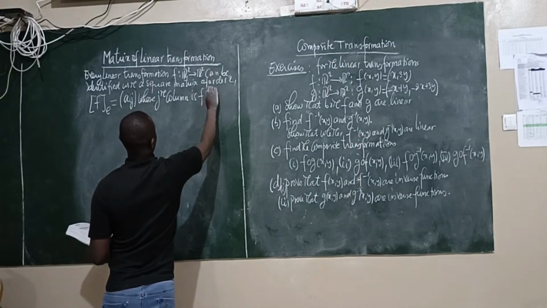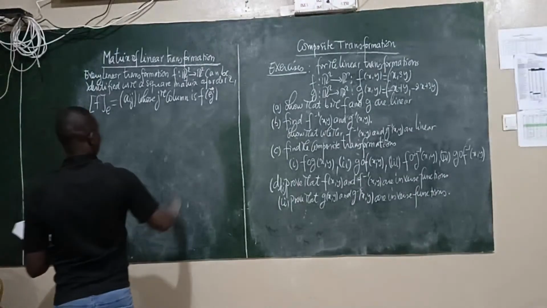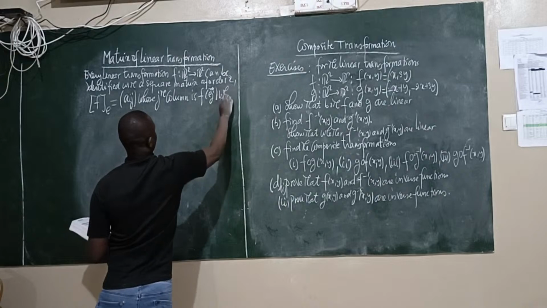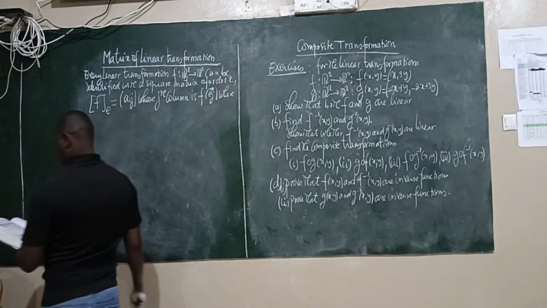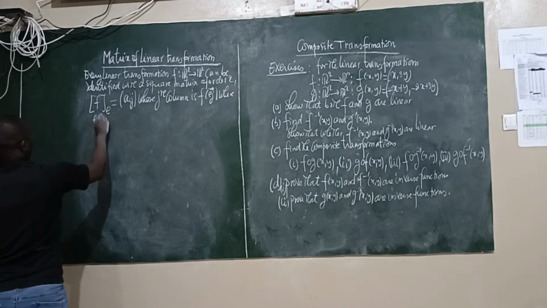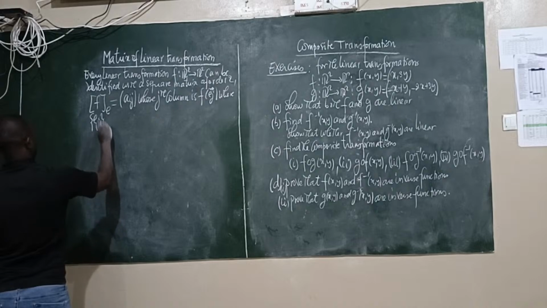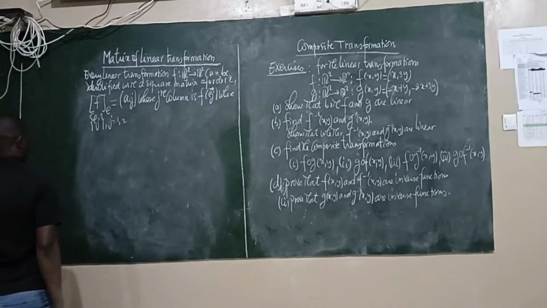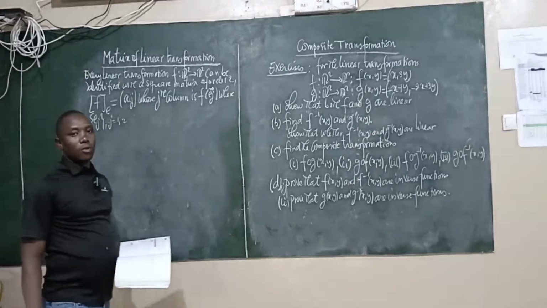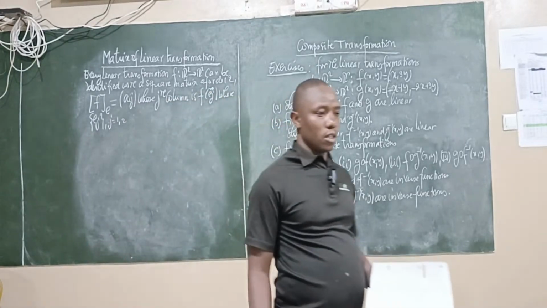Here ej is a vector where j is 1, 2, because we are dealing with a 2 by 2 matrix of linear transformation.